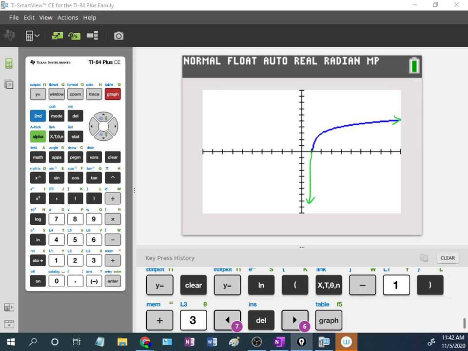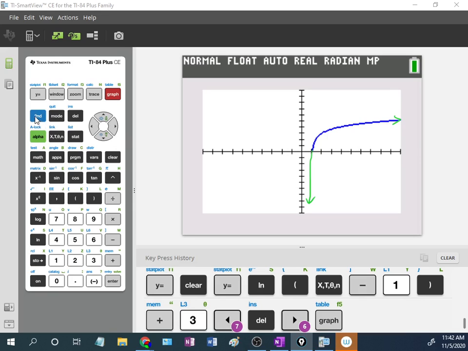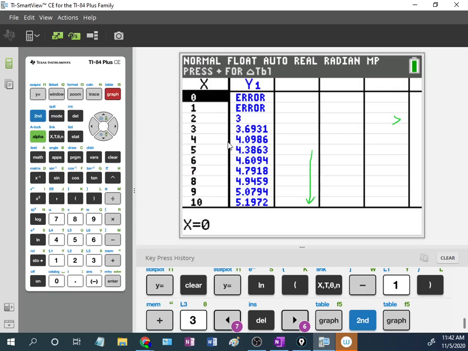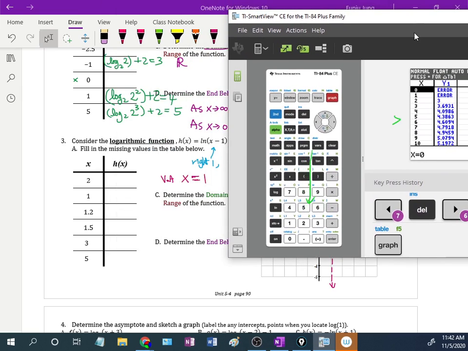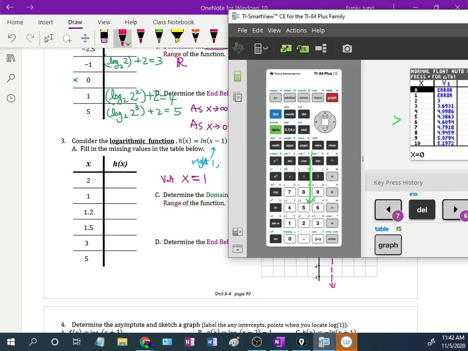So we need to understand this is not a correct drawing. So let's see. How can I get all the numbers for the table? Second button, graph button, and I have numbers. Let me see.